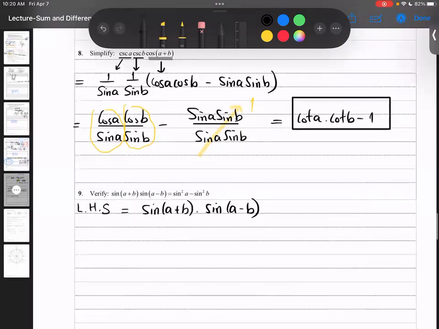What's sine A plus B? You look it up here.